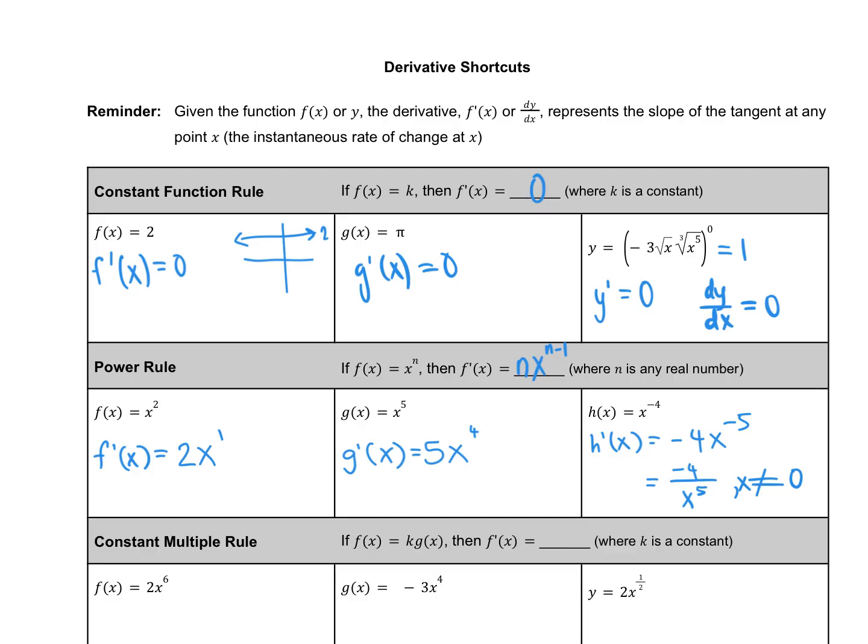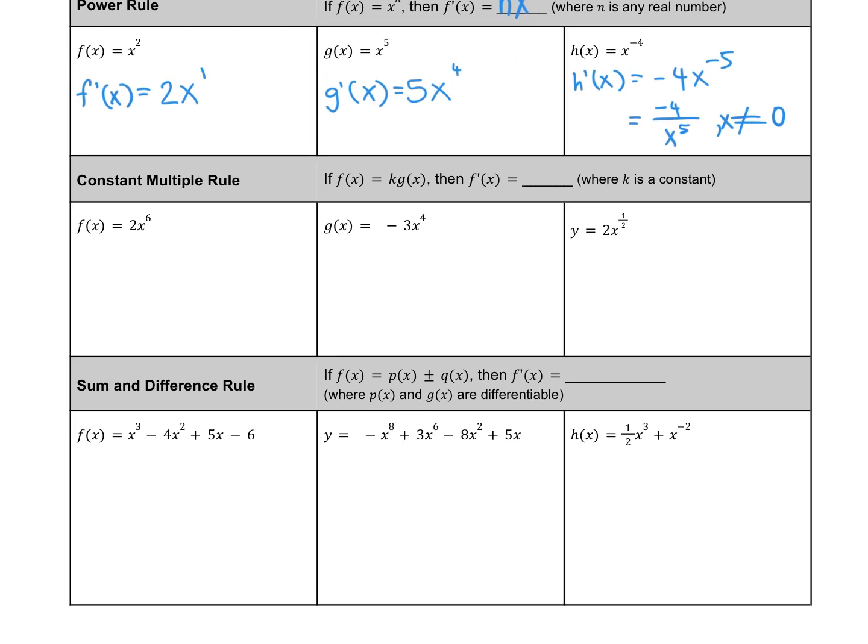Now let's move on to the constant multiple rule. And that just says if I have a constant in front of a function, then I just take the derivative of the function and the constant just stays there. It doesn't affect it. So if I have k, where k is the constant, times g of x, k will stay, and I'll just take the derivative of that function.